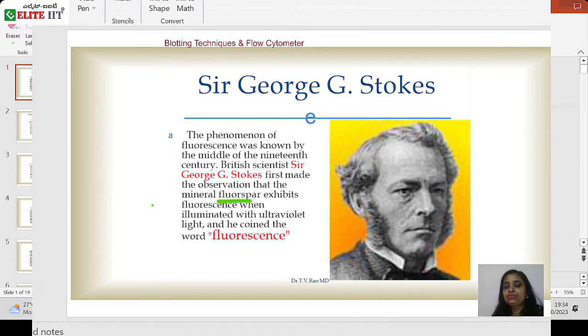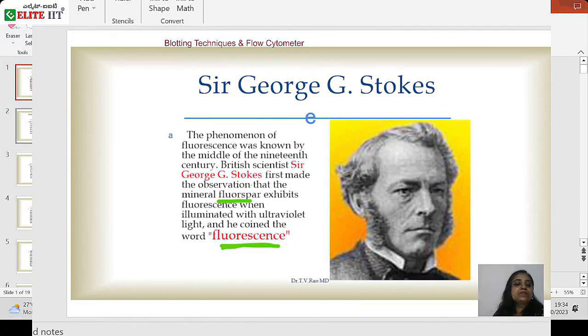So whenever UV is given on fluorspar, what is happening? Some fluorescent light is coming. Okay, so fluorescence is coming when illuminated with ultraviolet light, and he coined the word fluorescence. So this name is given by George Stokes.